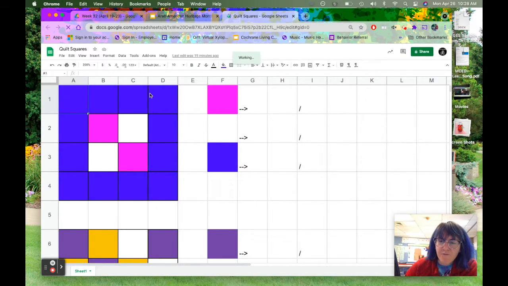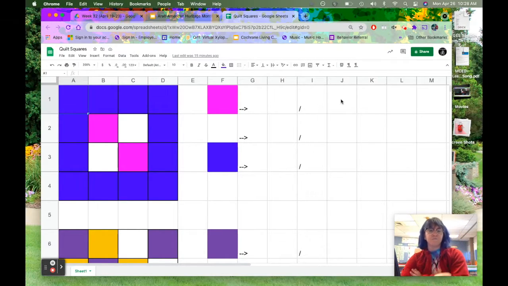So if we want to find out the denominator, remember we have the numerator and the denominator. The denominator is the one on bottom. How do we figure out the denominator? Yeah, we have to count up all the squares because the denominator is the whole. So we have to count up and see how many parts are in the whole square.